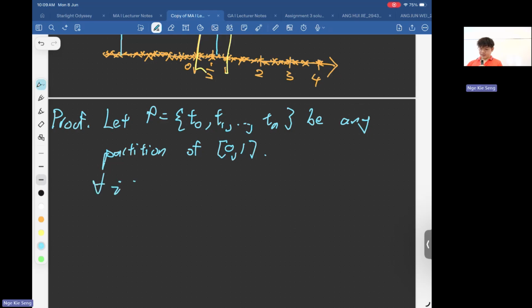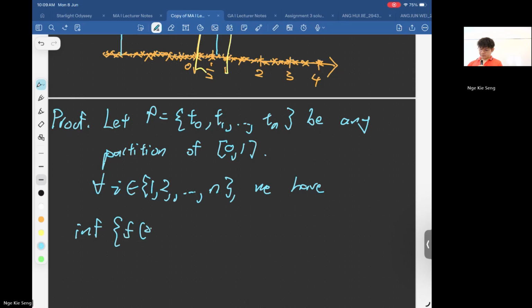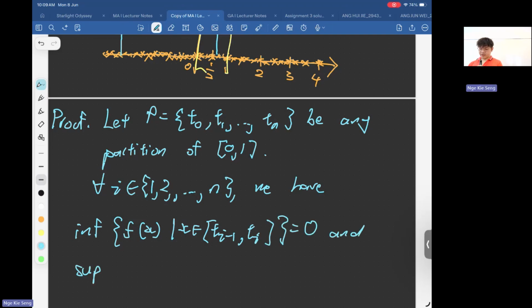Then for every i in 1, 2 up to n, we actually have the infimum of x for x in [t_{i-1}, t_i] should be 0, and the sup, there's really one choice there, is 1.